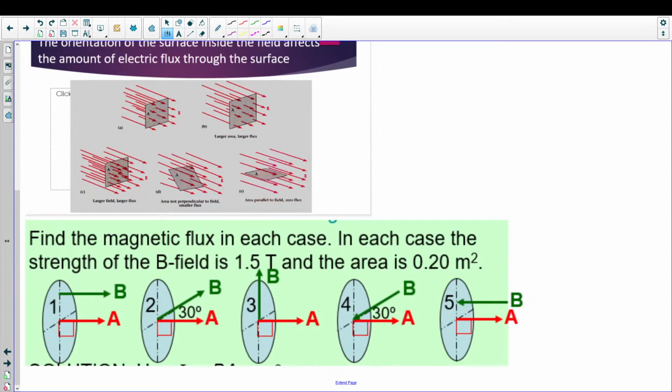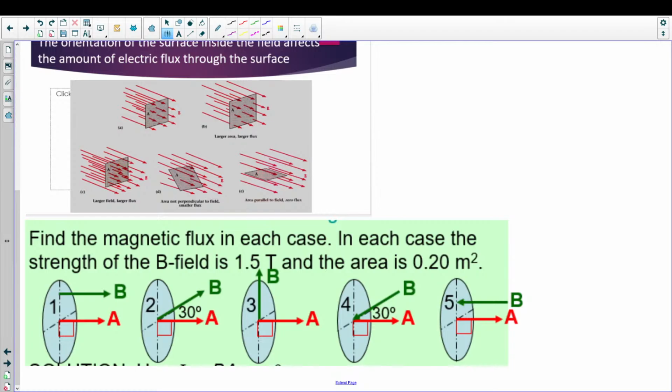Here is the idea. If the perpendicular area is perfectly aligned with the field, then we expect the amount to be 100 percent, completely.